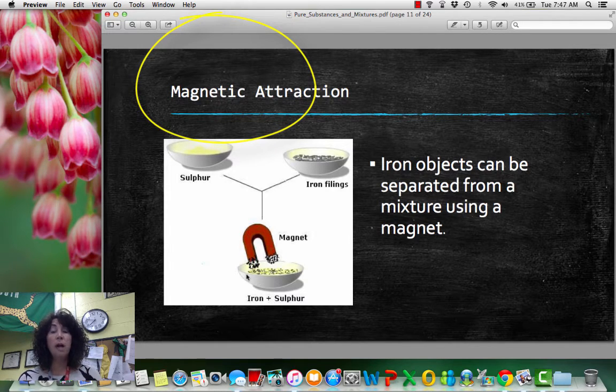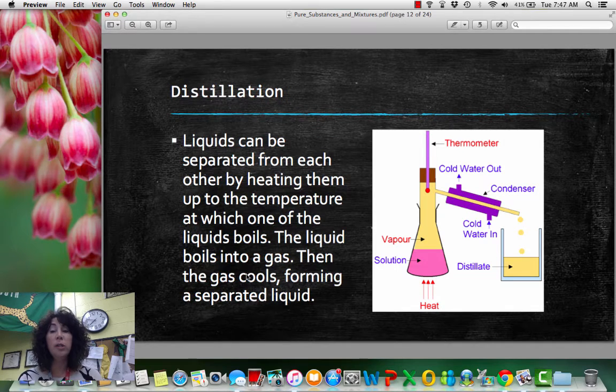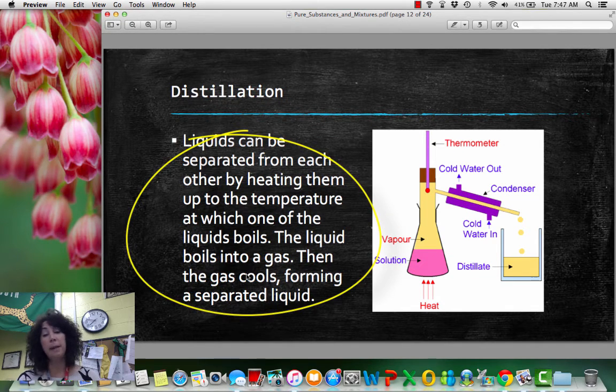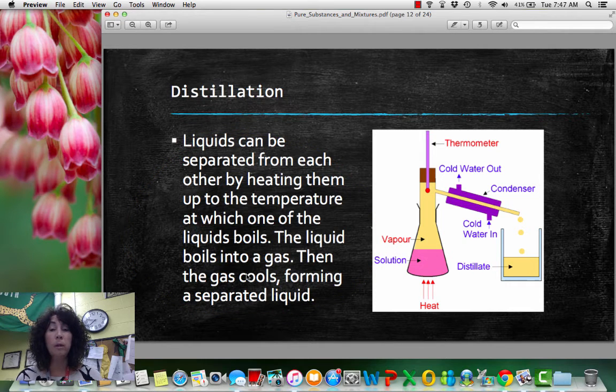For instance, if we mix iron and sulfur, iron's magnetic, and so we can separate it that way. Distillation. Liquids can be separated by heating them to the temperature where a liquid boils. Liquids boil at different temperatures, and so then based on the temperature, we can separate them.